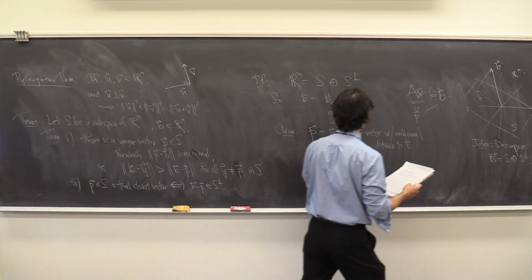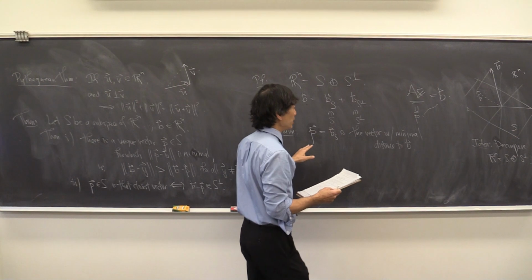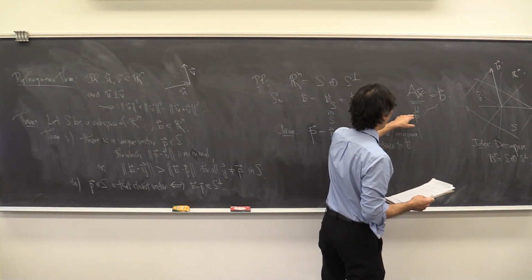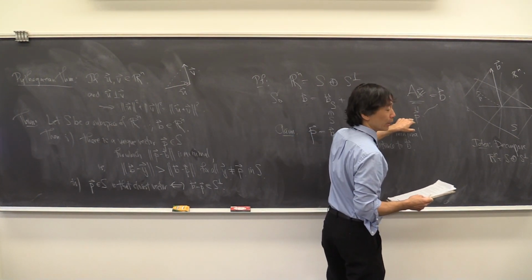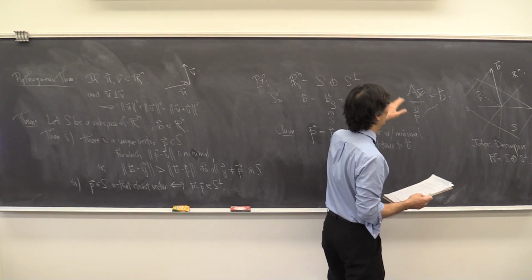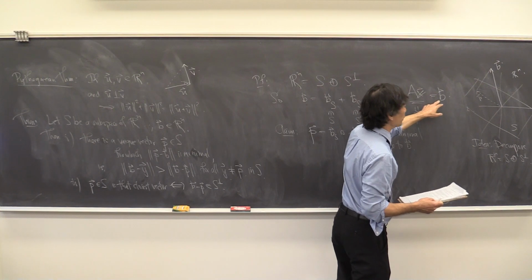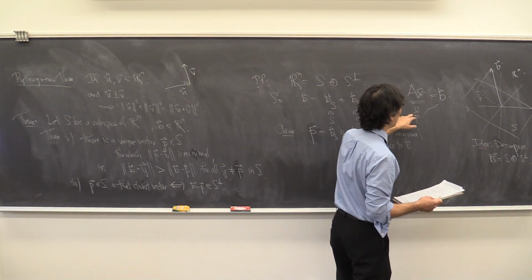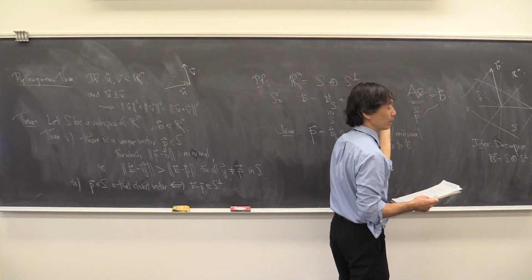Right now we're just saying what that minimal vector is going to look like. B is the thing you're trying to get close to, and P is the thing that is going to be close to it.